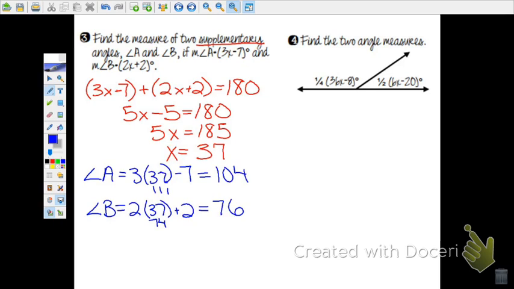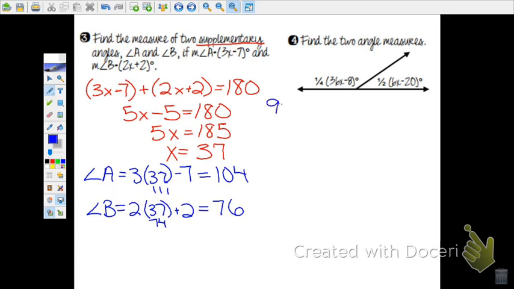Number 4, instead of telling us they are supplementary, we can see by looking, they form a straight angle, which is 180. Here I'm going to do some distributing. Again, multiplying by the fraction 1/4 means we're dividing by 4.